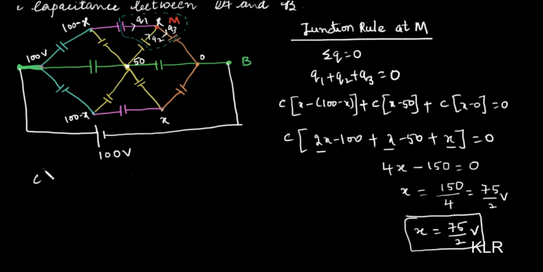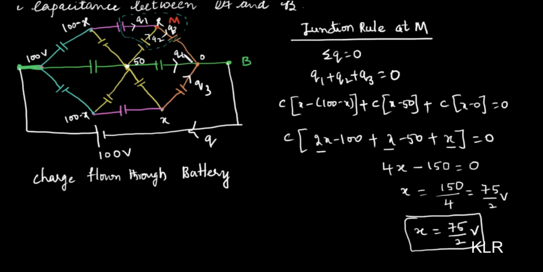Now we need to calculate the charge flown through the battery. How much charge is flowing through the battery? Say this is q. Q3 is flowing in this direction, and due to symmetry, this also has charge q3, and this will be q4.